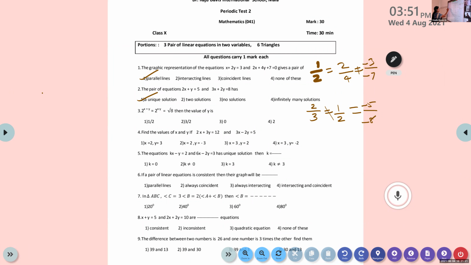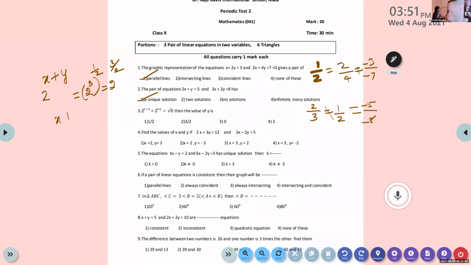Okay, so we can write this as a similar question we have discussed in the class, isn't it? 2 raised to x plus y, root 8 means? How can we write root 8? 2 cubed raised to half, isn't it? Root means power is half. 8 means 2 cubed. So we can write this as 2 raised to 3 by 2.